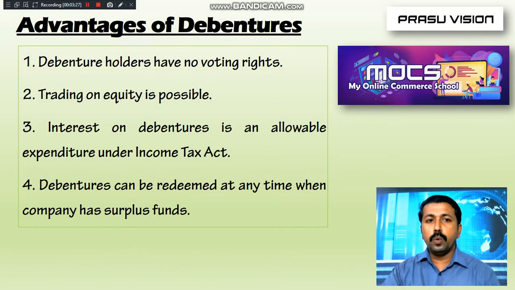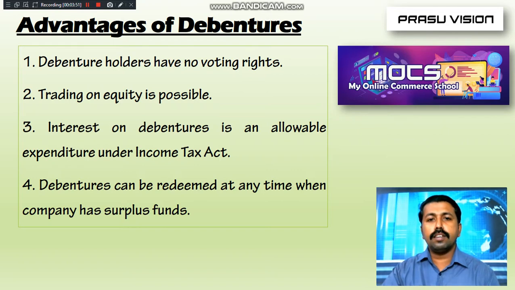Advantages of debenture include debenture holders have no voting rights, no need to manage the company activities. Then, in case of debenture, trading on equity is possible. Already we have learned what is trading on equity. So in this case, the possibility of trading on equity is there.